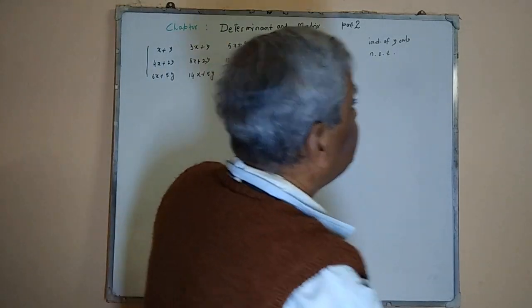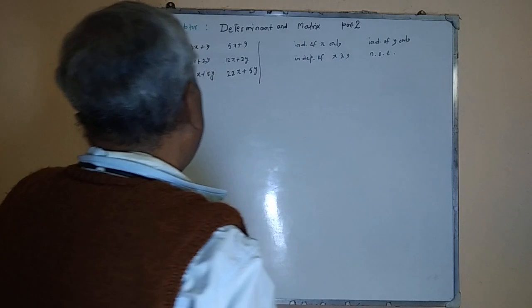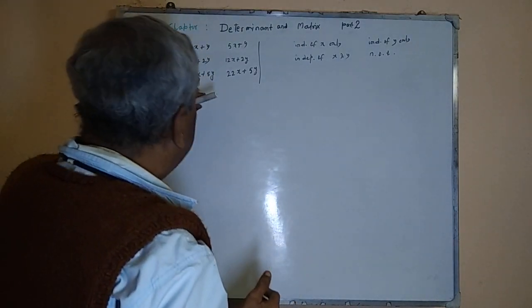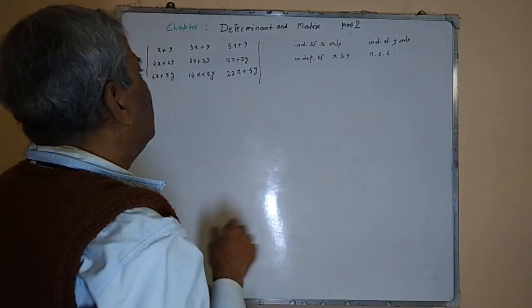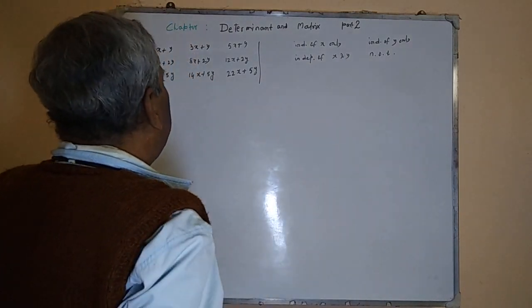So there are 4 options and we have to find the value and show whether it is independent of x and so on.